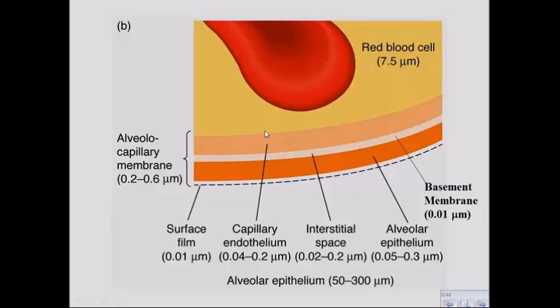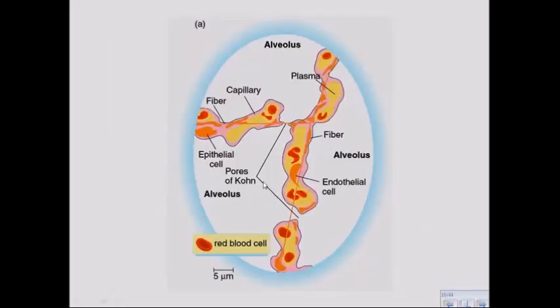So you can say you have 1, 2, 3, 4 cell membranes that the gas has to penetrate, and very little cytoplasm because these are flat cells. Okay? So gas has to go in both directions through this respiratory membrane.